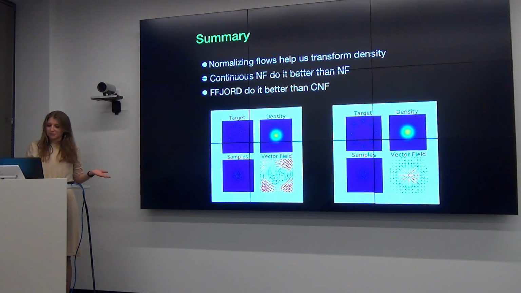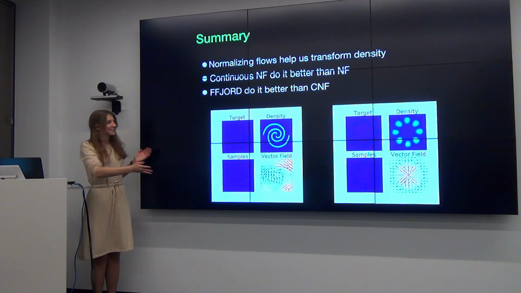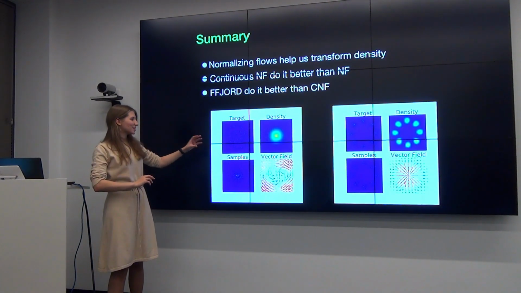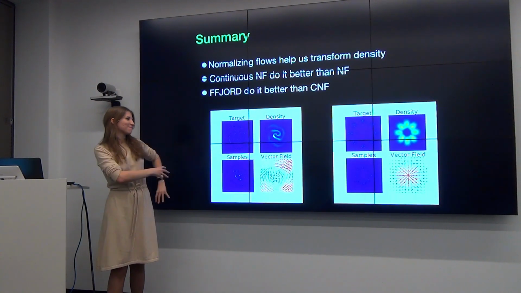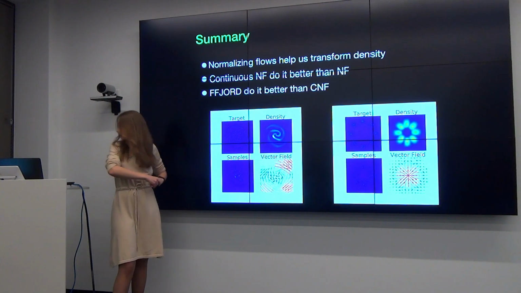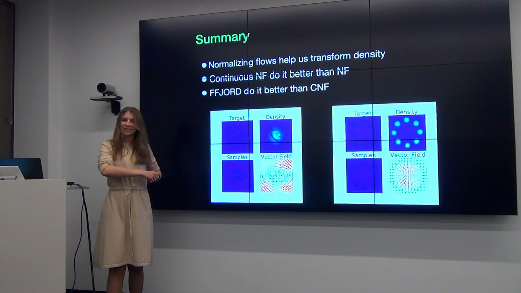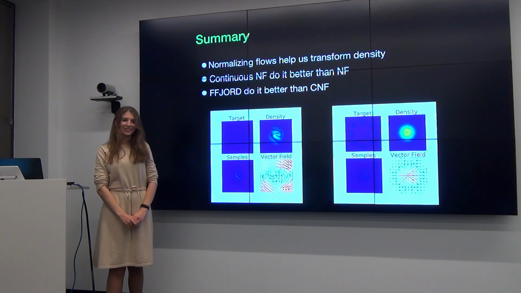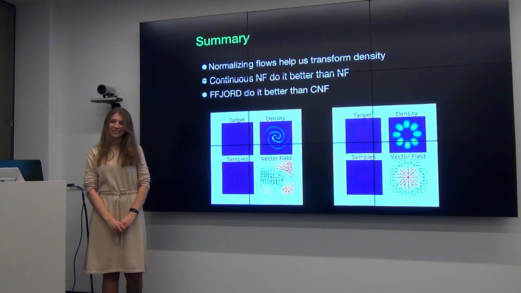And FFJORD does it better than both, and we can do this transformation continuously. Yes, and this is the last slide of my presentation. If you have any questions, let's discuss. Okay. Any questions?